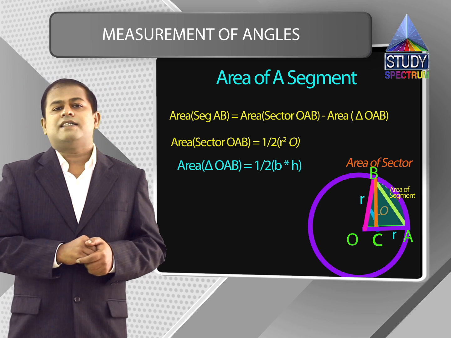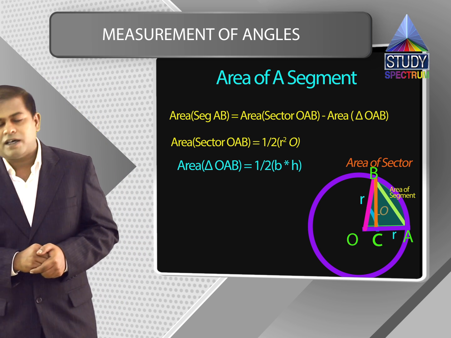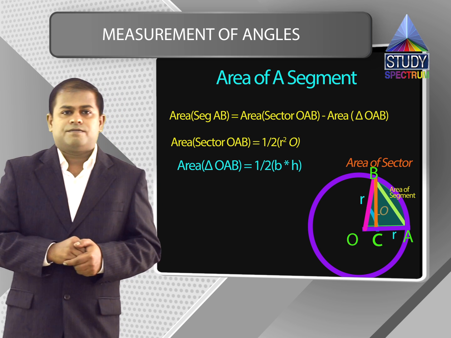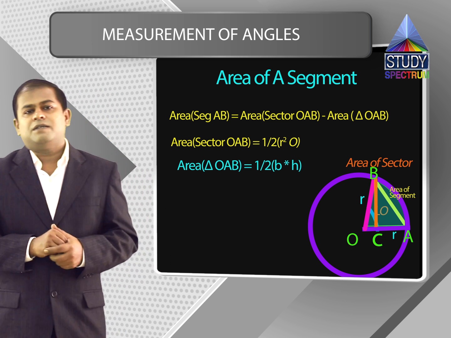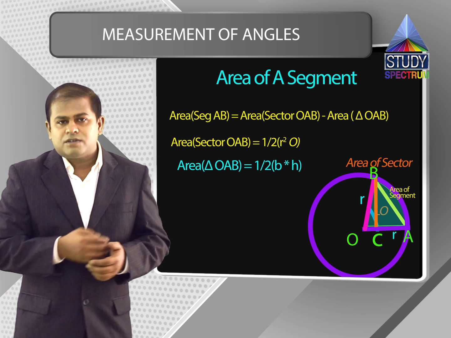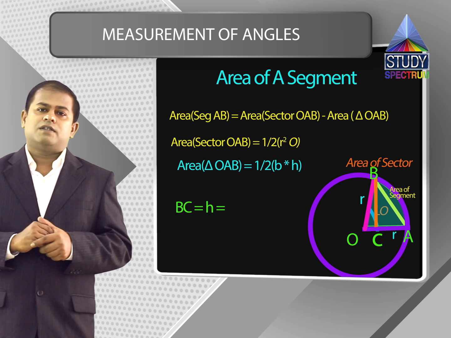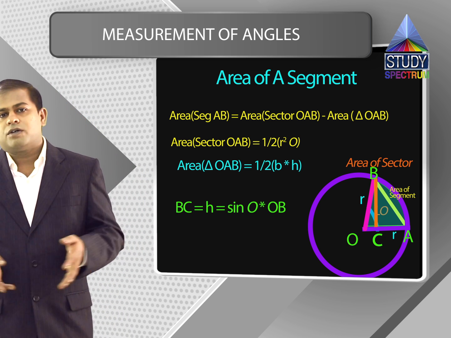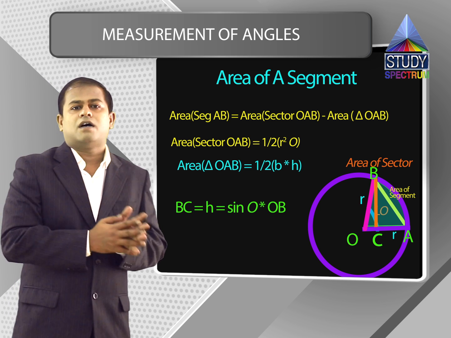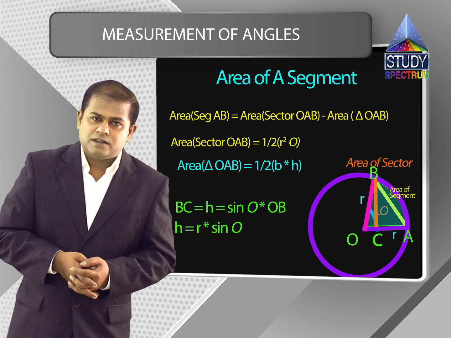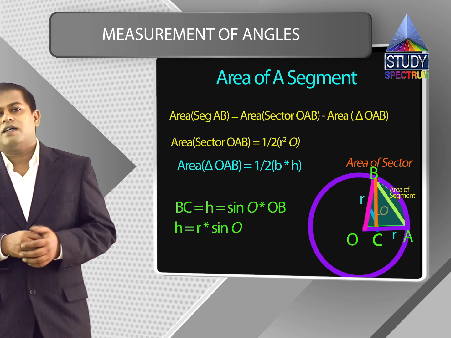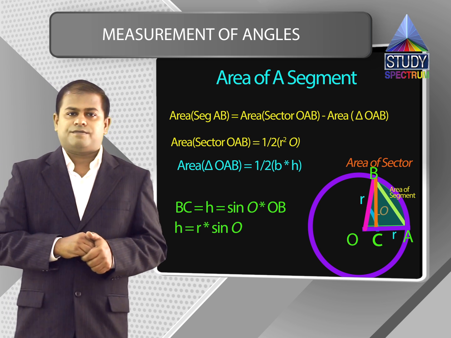So sine theta in this triangle is BC by OB, where OB is the hypotenuse and BC is the opposite side. Let's rearrange the terms. BC is OB into sine theta, and OB is the radius, so R sine theta. So the height of triangle OAB corresponding to the base OA is R sine theta.